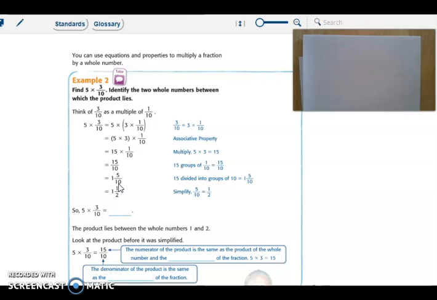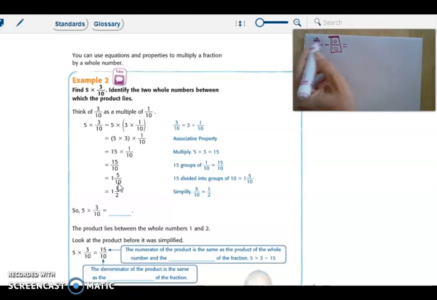What are they doing here? How are they getting that? Let me show you. They have 15 tenths, and they're pulling out 1 whole, which is 10 tenths for this problem because our denominator is 10. In order to get 1 whole, the numerator and the denominator have to match up.